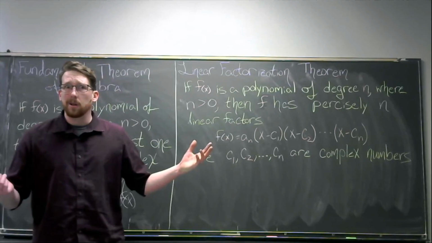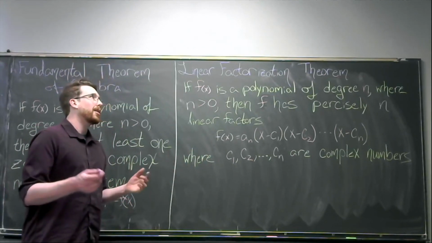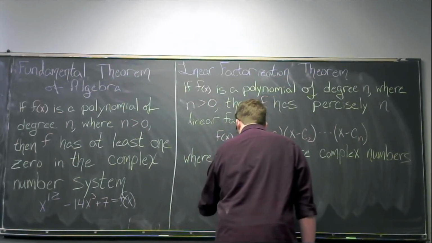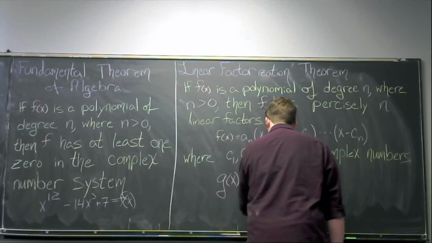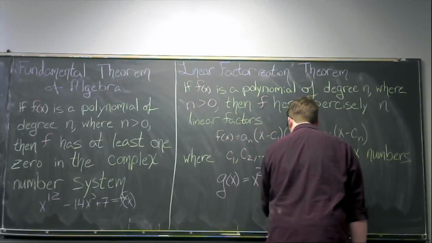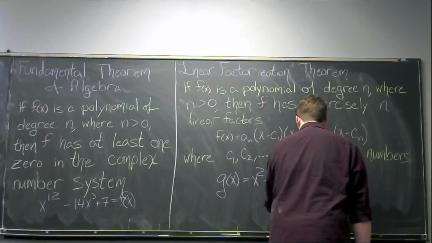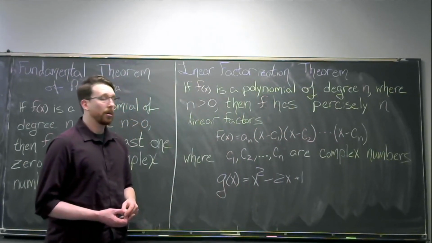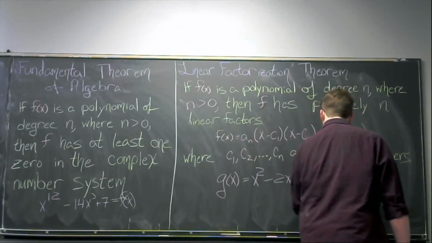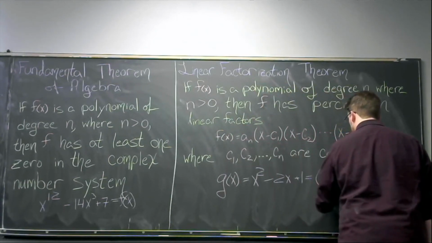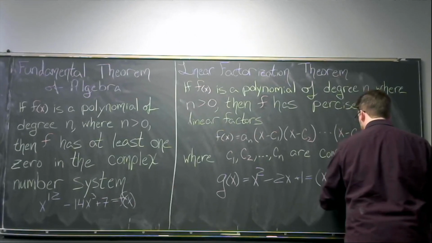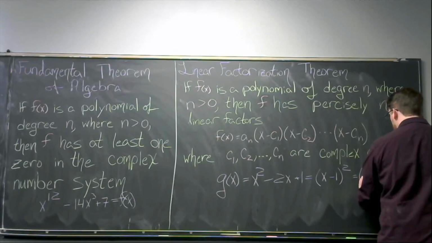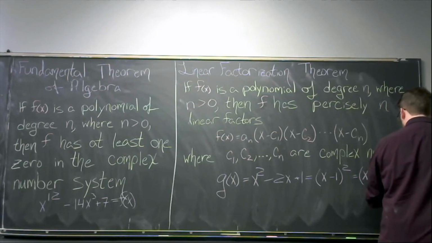Or let's say another function you're looking at is g of x equals x squared minus 2x plus 1. This is exactly 2 factors. This factors out to be x minus 1 squared. So your 2 factors are x minus 1, x minus 1.